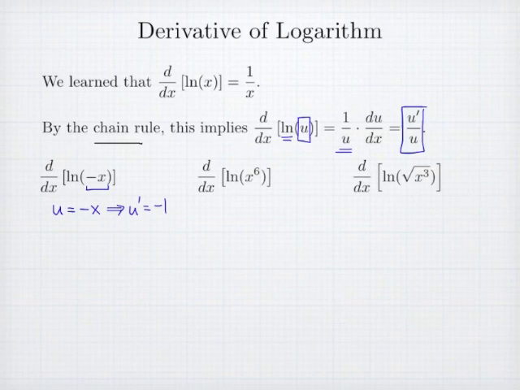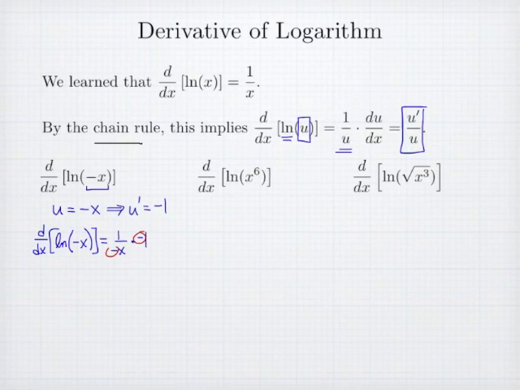Now I can take the derivative of the natural logarithm. The derivative of the natural logarithm of negative x by the chain rule is 1 over the inside, negative x, multiplied by the derivative, negative 1. And notice that the negatives cancel.